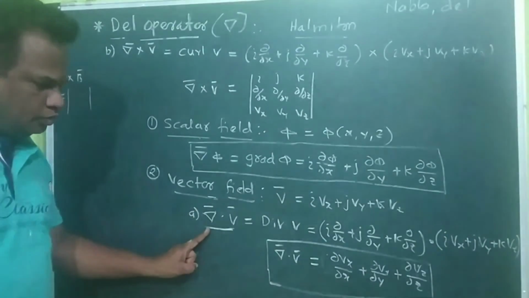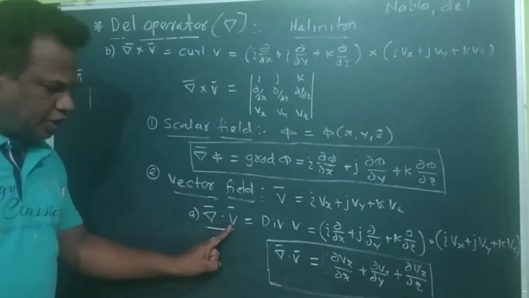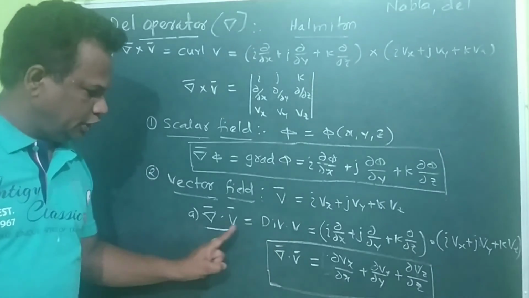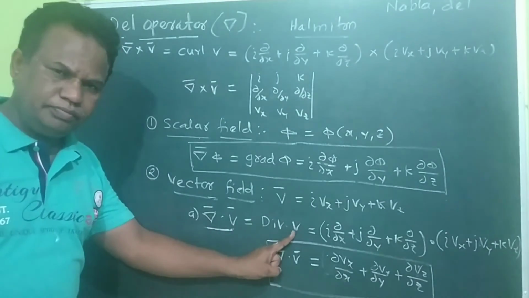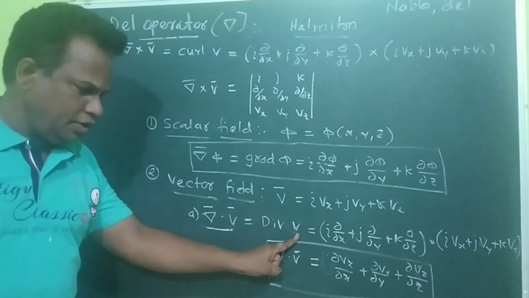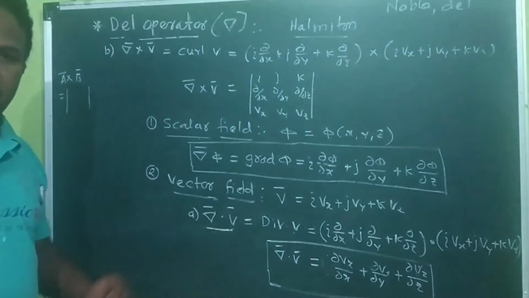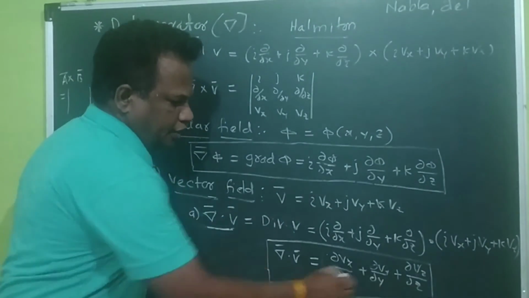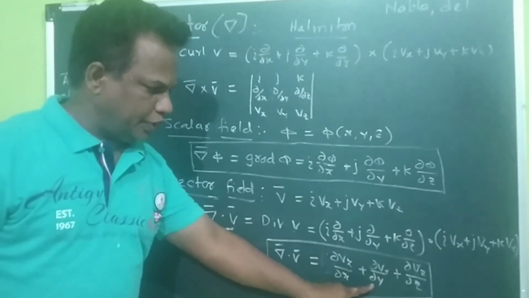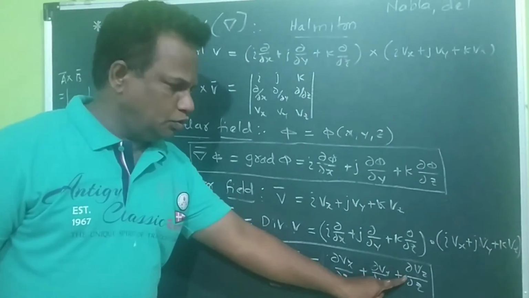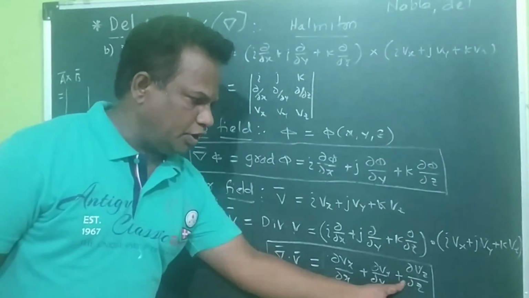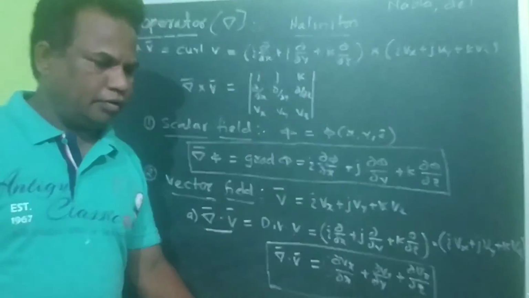So the dot product produces del dot V. It is read as divergence of V. Its value is given by ∂Vx/∂x + ∂Vy/∂y + ∂Vz/∂z. It is a scalar quantity because it does not contain any vector quantities.